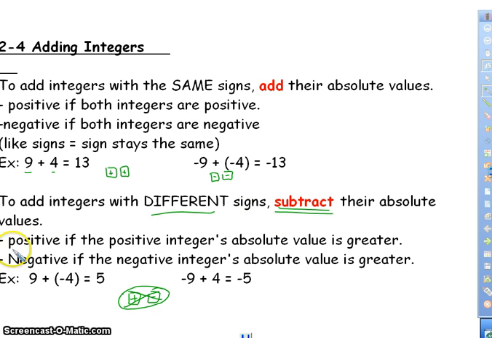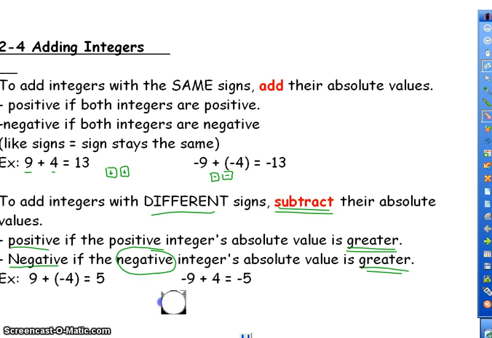The answer will be positive if the positive integer's absolute value is greater. Okay, so if the positive number is furthest from 0, it's going to be positive. It's going to be negative if the negative integer's absolute value is greater. Okay, so if that negative number is further from 0 than the positive number, it's going to be negative.